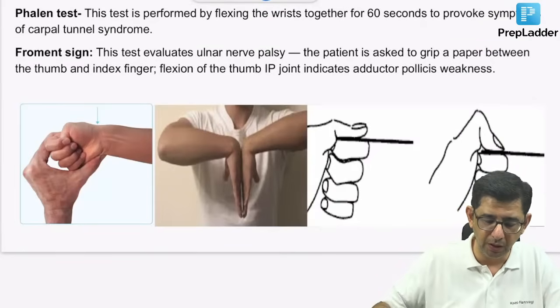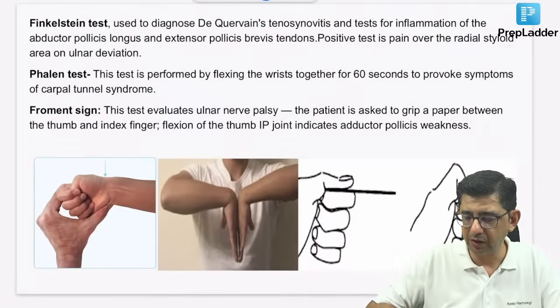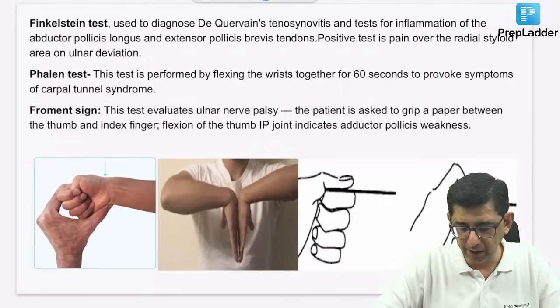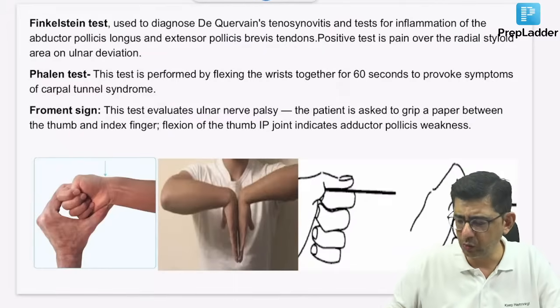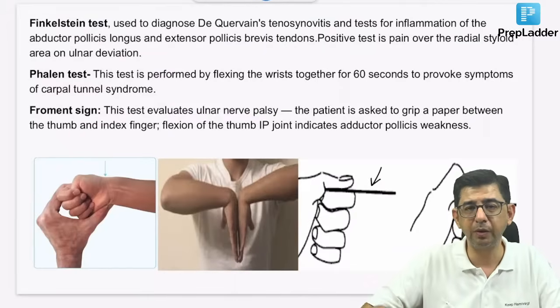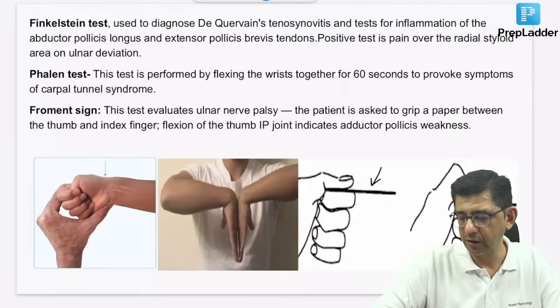The three aspects talked about here would be Phelan, flexing the wrist together for 60 seconds, and then Froment sign for the ulnar nerve. You ask the patient to hold a credit card or any other piece of paper between the fingers, and you can notice flexion of the thumb IP joint, indicating adductor pollicis weakness.